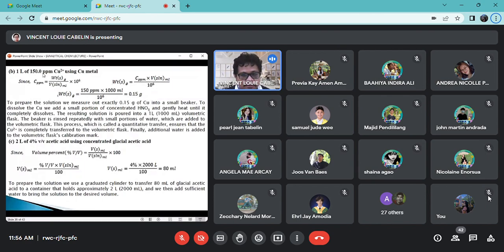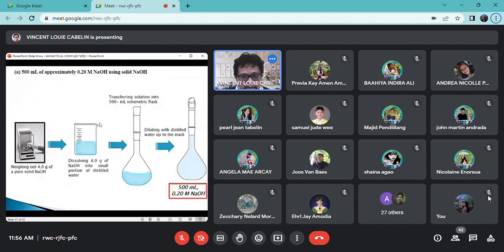That's the volumetric flask. It looks like this. This is your guide. So you add enough of the solvent to fill up to the mark of the volumetric flask. That's an example.